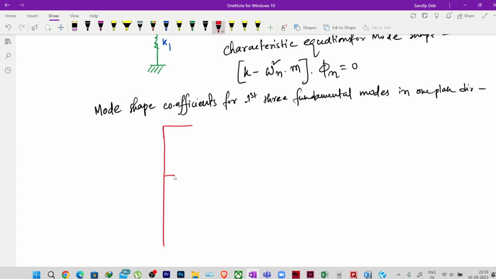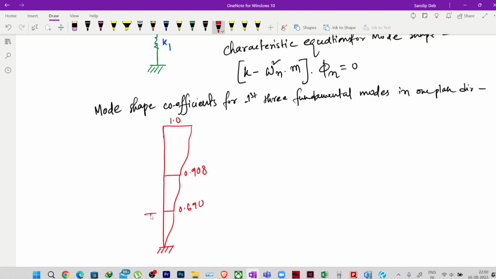This is the first three levels, so it will be something like this. Here I have the fixed support, so the value here is 1.0, here it is 0.908, and here it is 0.690.